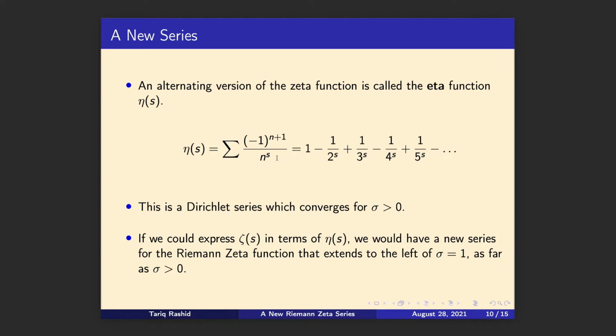Now, the convergence for this, the region of convergence, where does it converge, for which s does it converge, you would expect intuitively that it converges over a larger domain than the plain zeta function. The plain zeta function we've seen now many times, and we proved that it converges for sigma, the real part of s, more than 1.